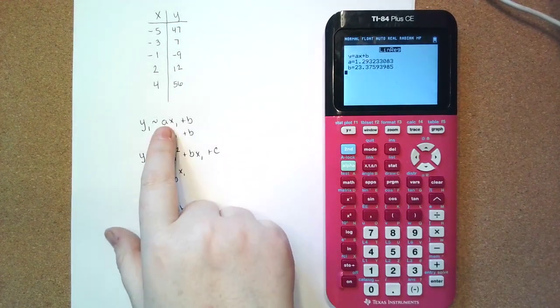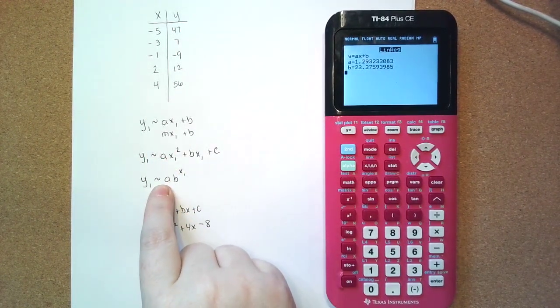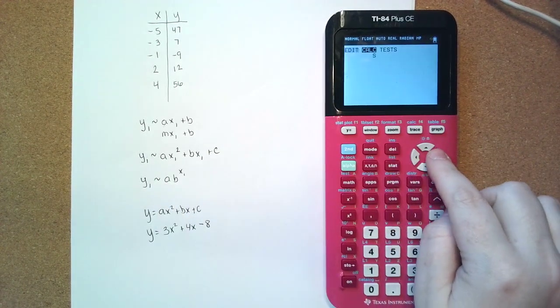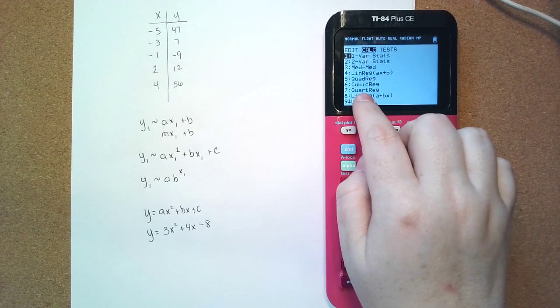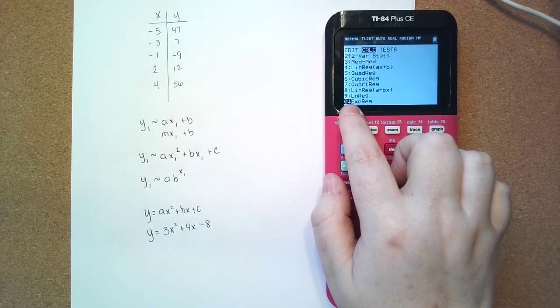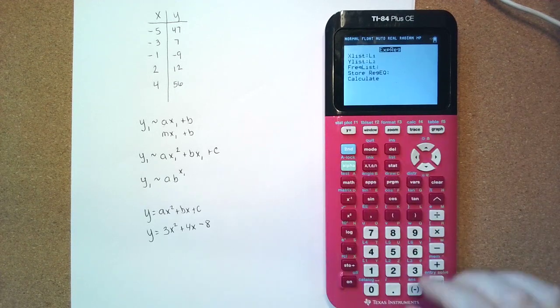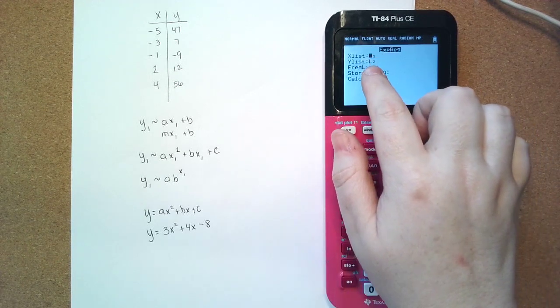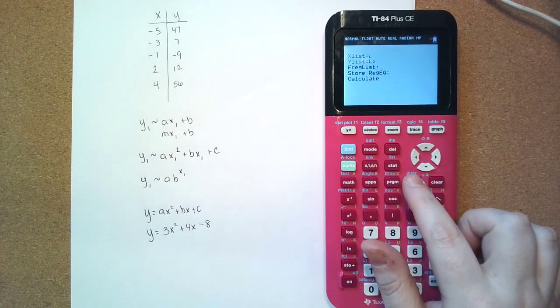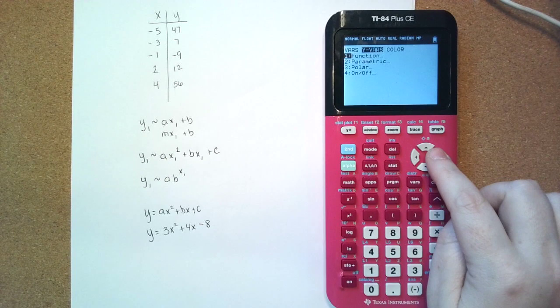I can also do exponential regression as well, and I'll do the same thing. So I'm going to go to stat, I want to do calculate, and I want to do exponential, which if I scroll down is 0, so exponential regression. Then x's are at L1, y's are in L2. I want to store my regression equation, so vars, y vars.